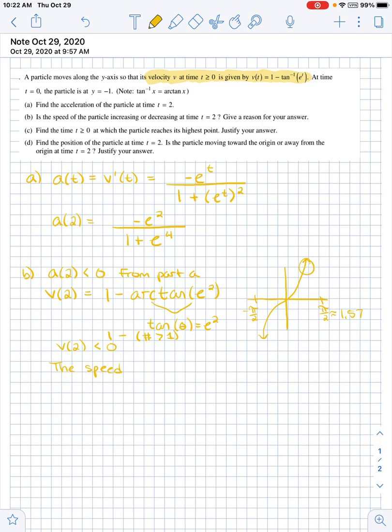Not the particle is increasing. The speed of the particle. I'm very clear about what it is I'm talking about. Is increasing, and also be clear about what we're talking about at t equals 2, since velocity and acceleration are negative.